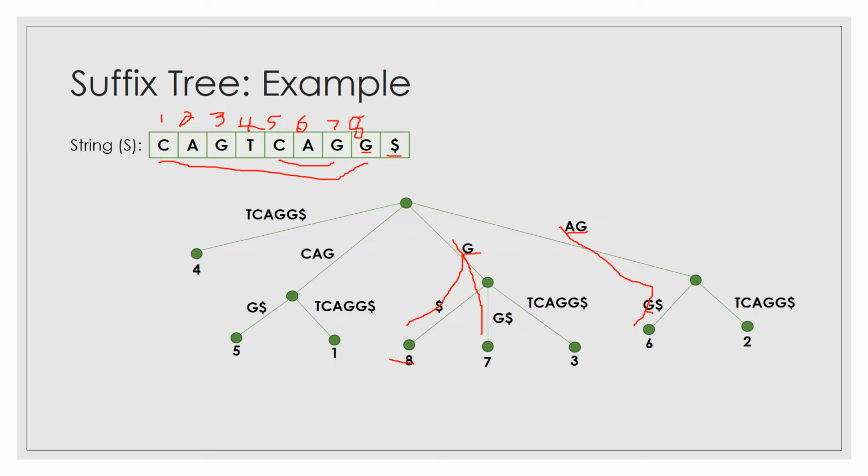So we could prove it. We look at index 8, which is just G. We look at 7, which is GG, which starts with G. And we could look at index 3 right here, which is GTCAGG, which obviously starts with G. So that was a quick example of a suffix tree.